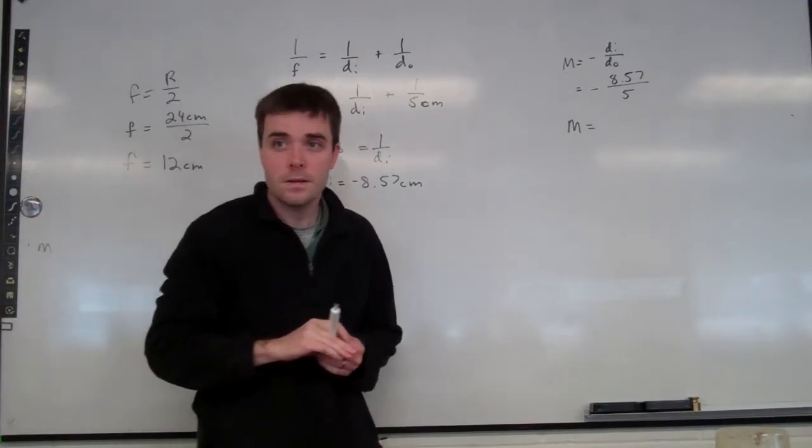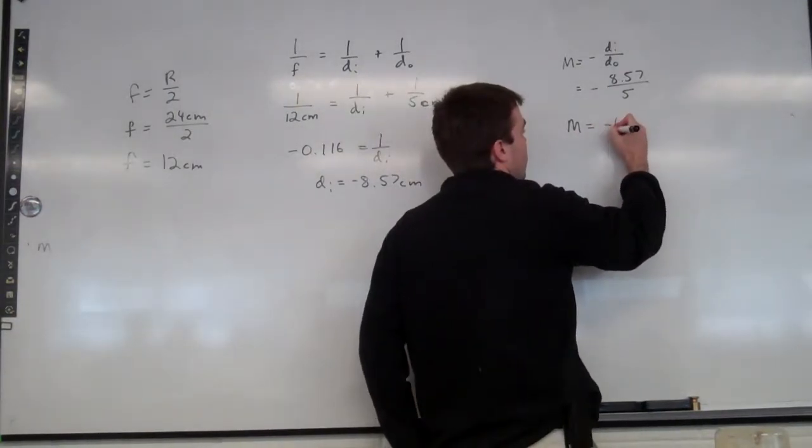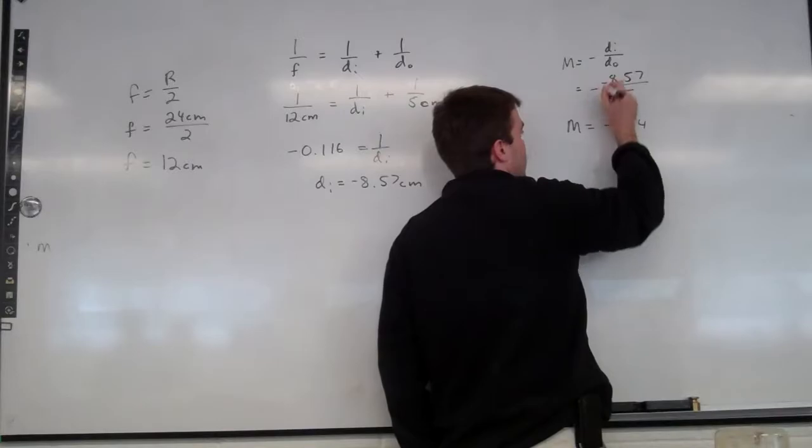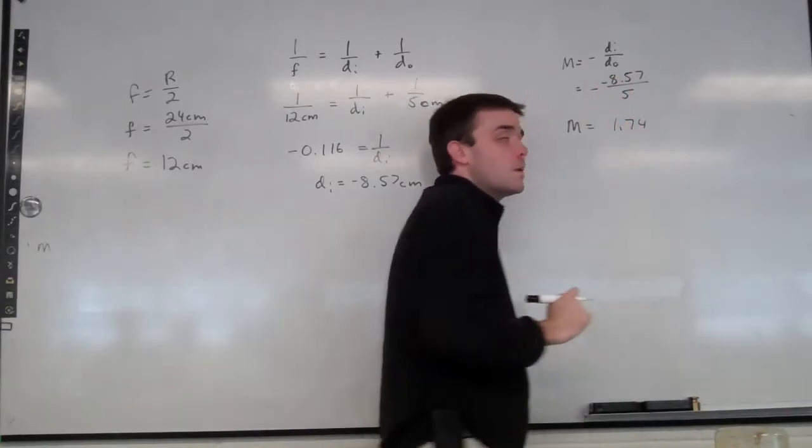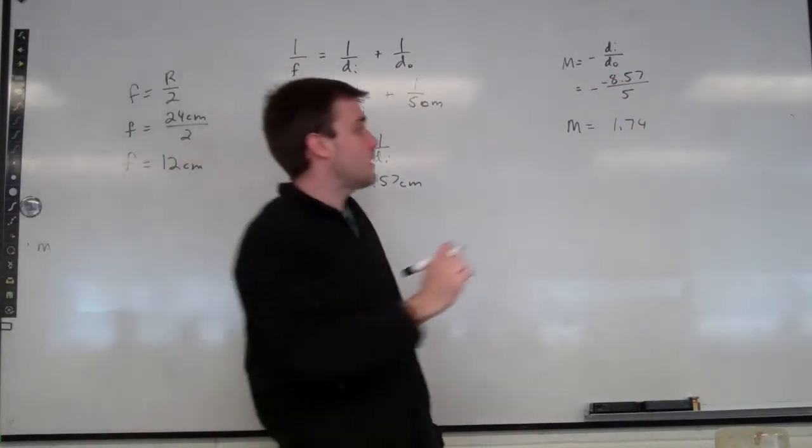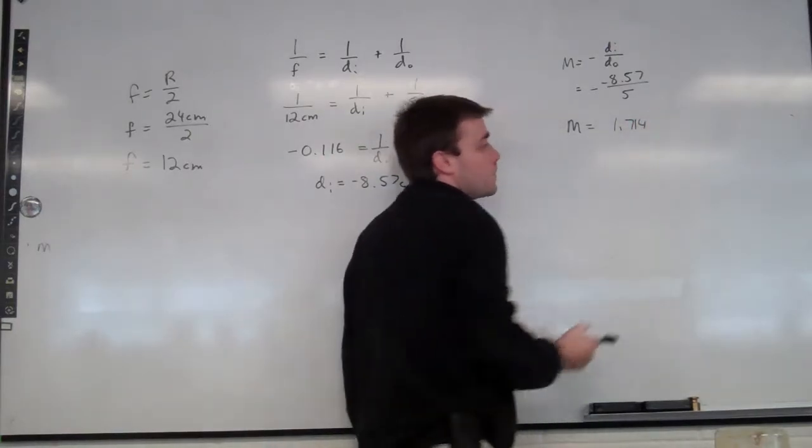Negative 1.7. The negatives cancel out. Yeah. 1.714.